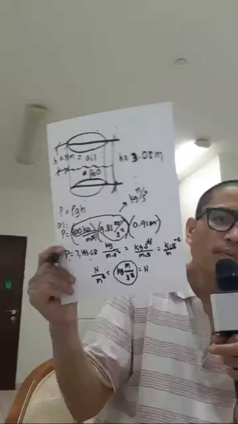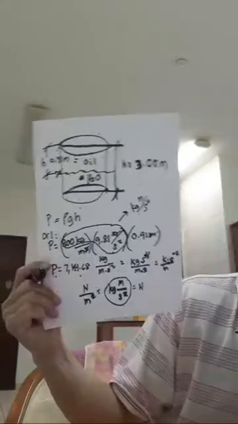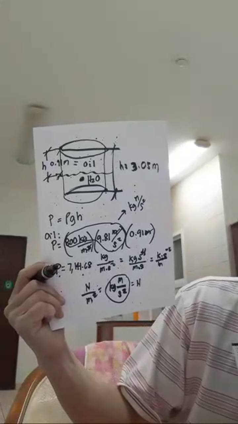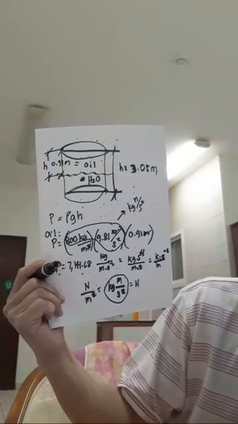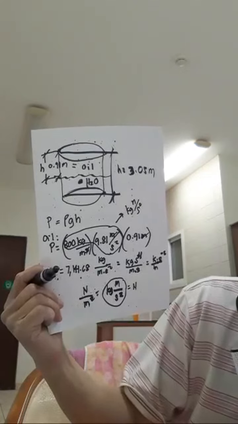So this is the kilogram. So this is the Newton part in the equation. Okay, so 9.81 meter per second squared times 800 kilogram per cubic meter. So the kilogram meter per second squared is Newton.